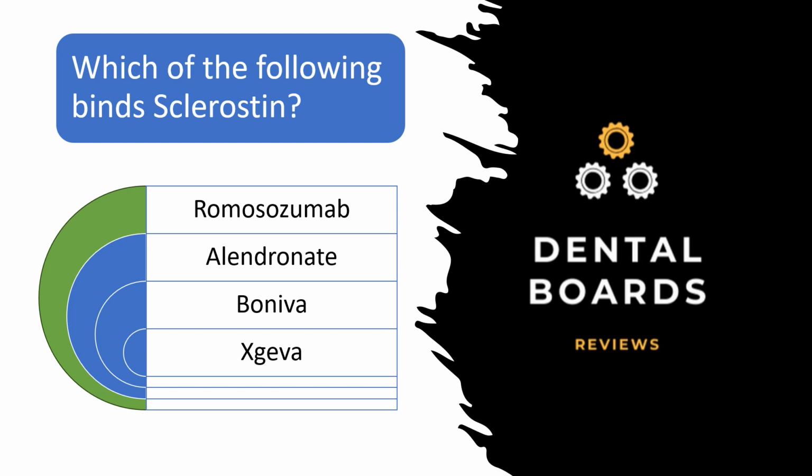Romosozumab is not a RANK ligand inhibitor, so it's not the same as denosumab. It's not the same as the bisphosphonates. This is a WNT pathway inhibitor, an inhibitor of sclerostin in the WNT pathway.